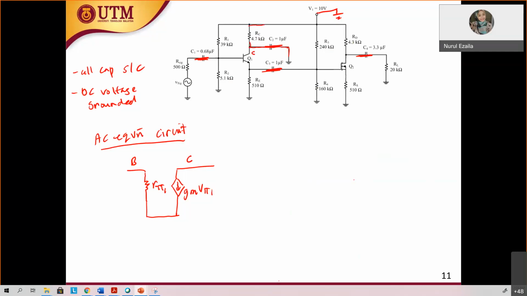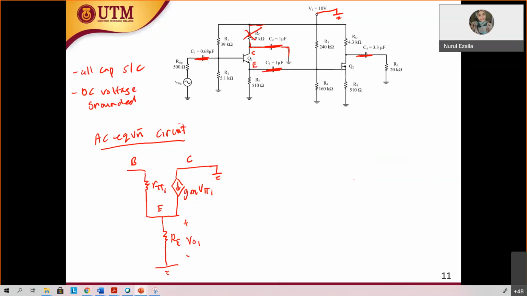Therefore, RC is short circuit. So the collector is grounded. Now you have the emitter, which is your output. You have RE over here, and this is your V out 1.